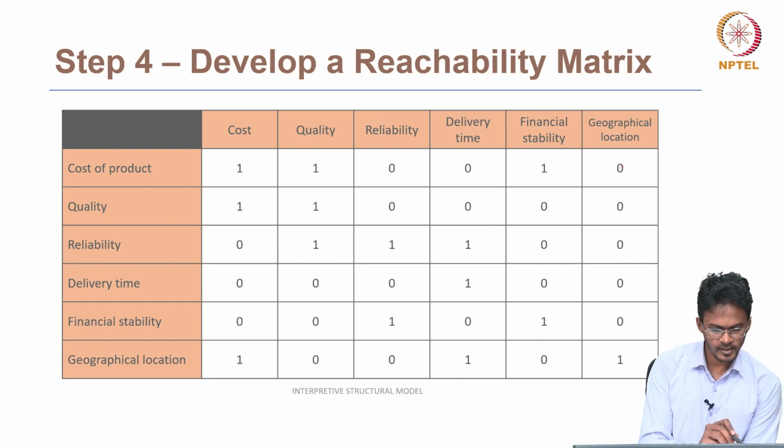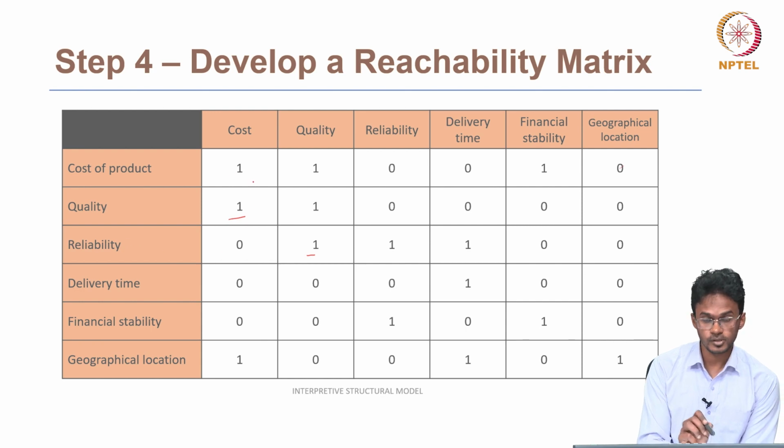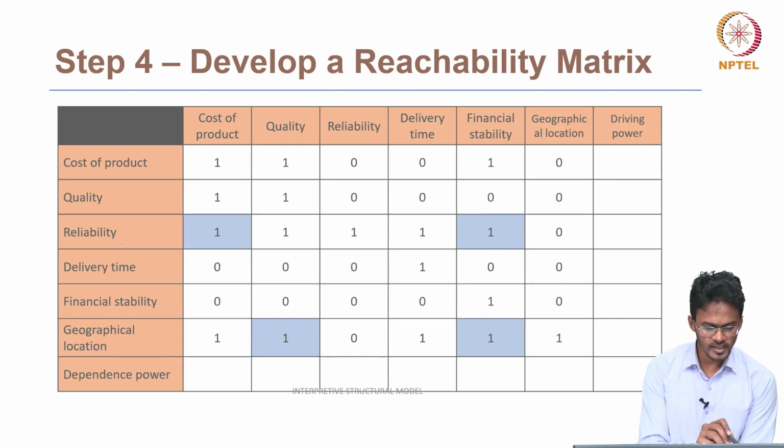Reliability does not directly influence cost, but reliability directly influences quality, and quality influences cost. So, reliability also influences cost. So, the cell for reliability to cost will be 1.